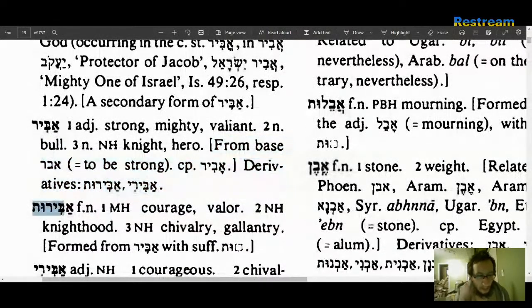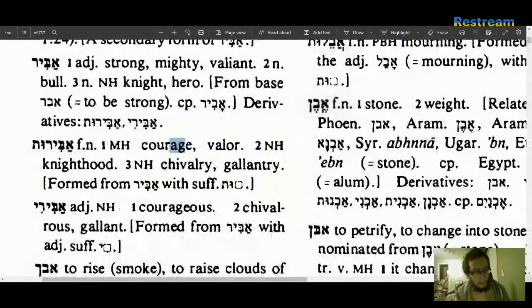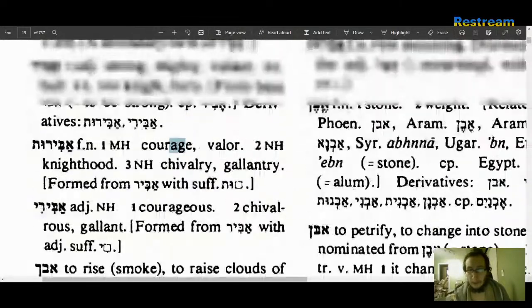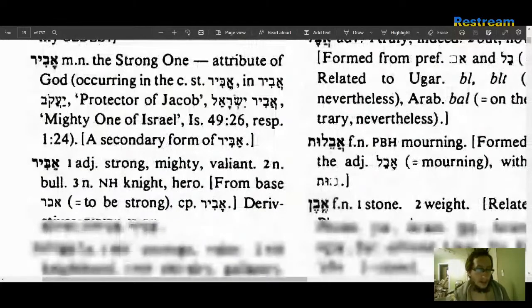Aberot is Mishnaic Hebrew or Middle Ages Hebrew, and it means strength or valor, courage. Okay. That's all it has there.